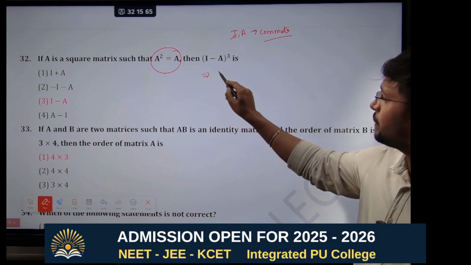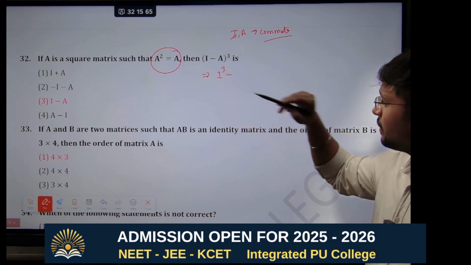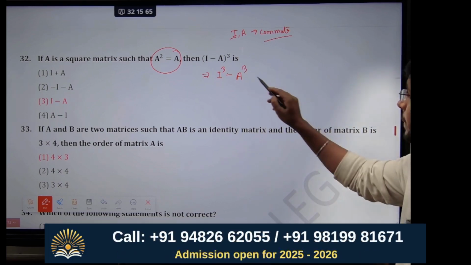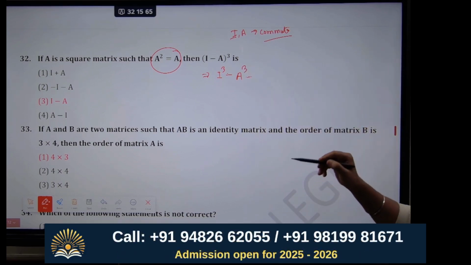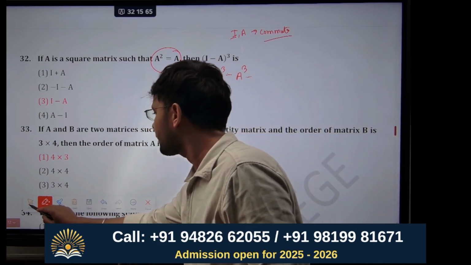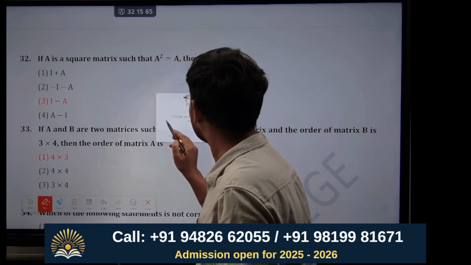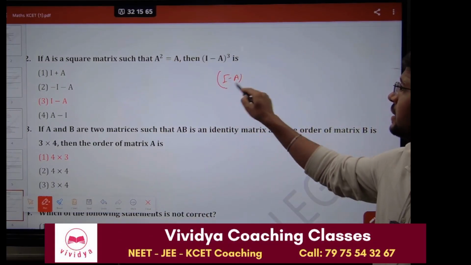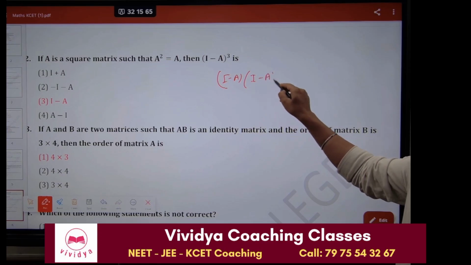So what is the formula of (A plus B) cubed? A cube minus B cube minus 3AB, or simply you can do it this way. This is I minus A, I can write this as I minus A whole squared.